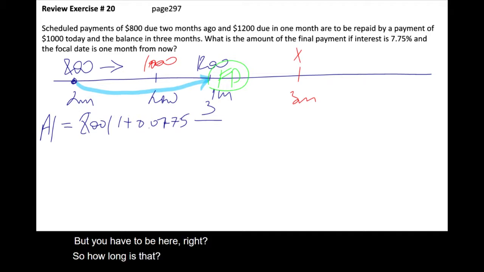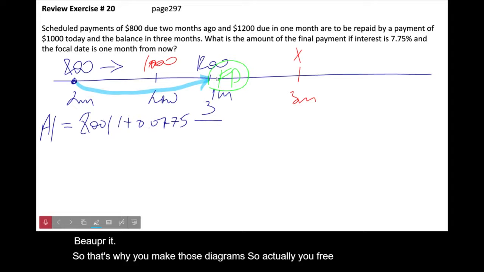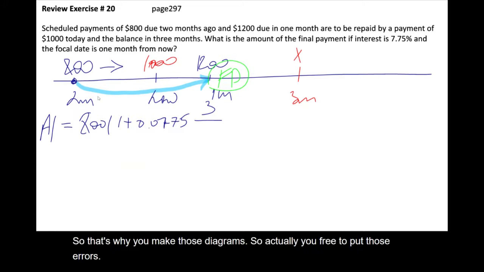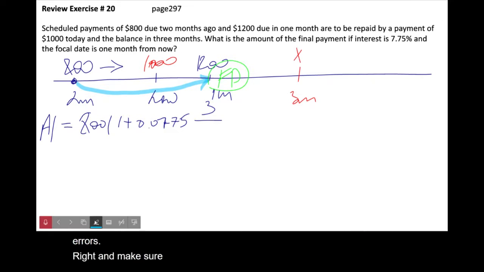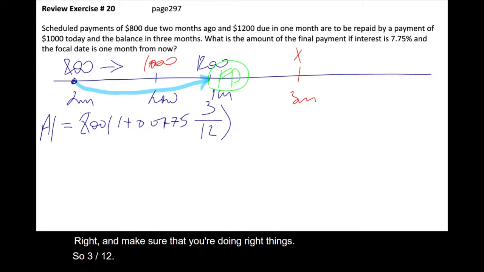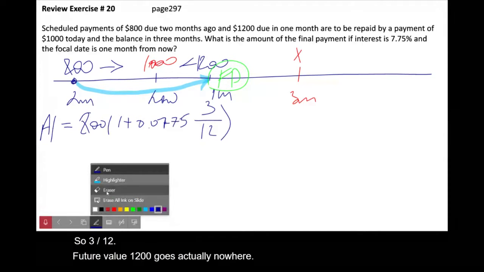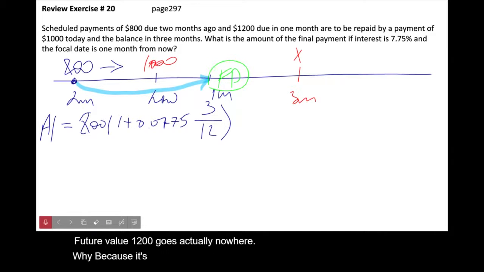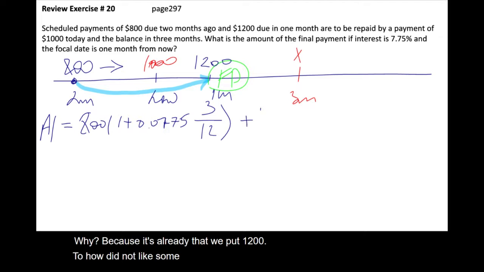So that's why you make those diagrams. You're free to put those arrows and make sure that you're doing the right things. So 3/12 future value. 1200 goes actually nowhere. Why? Because it's already there, so I use it as is, 1200.